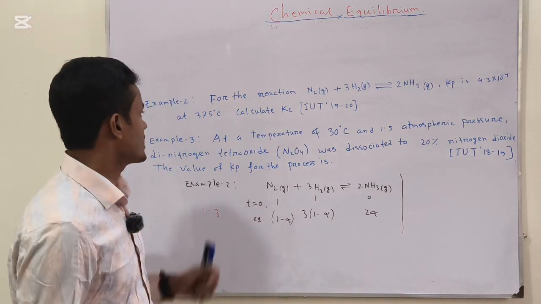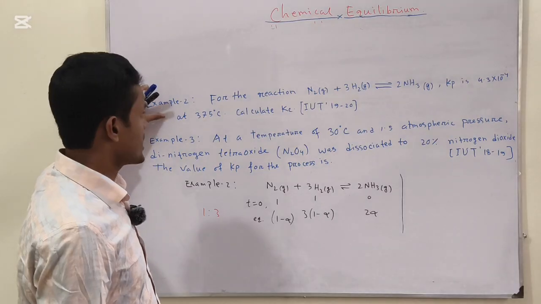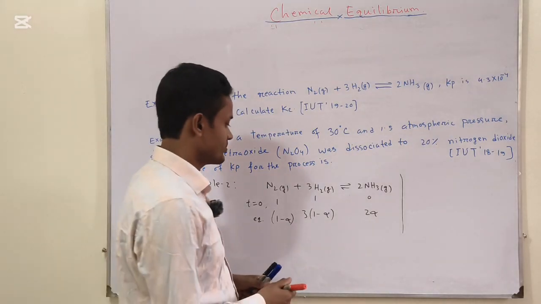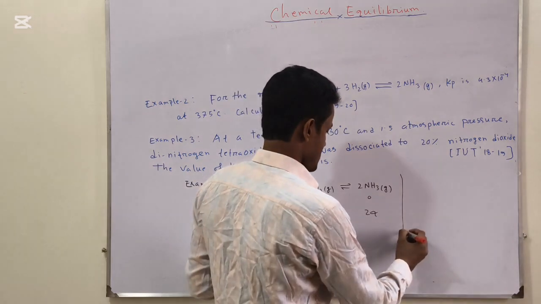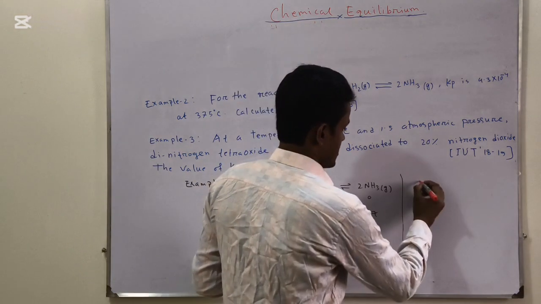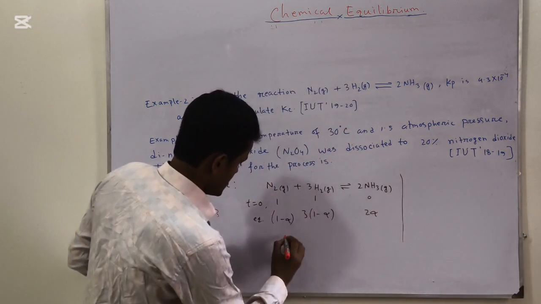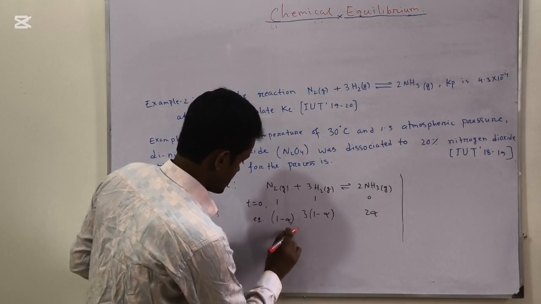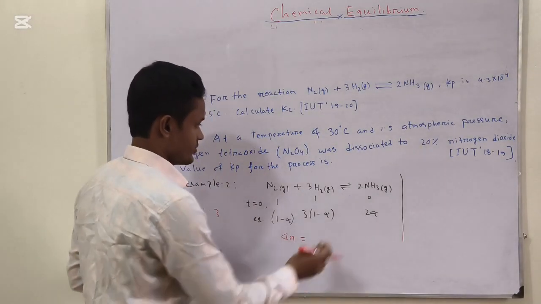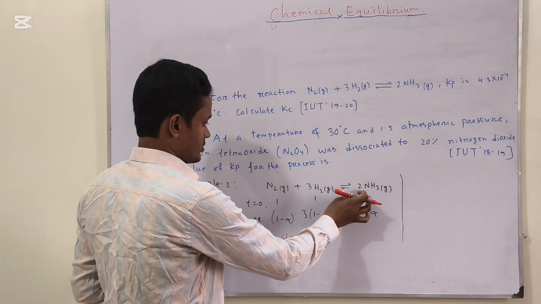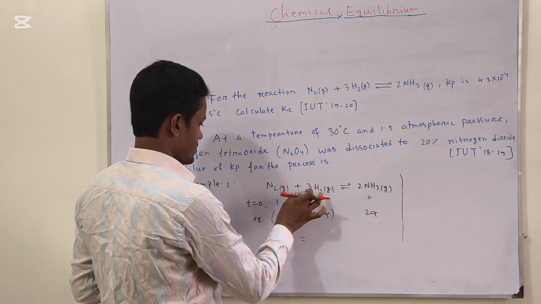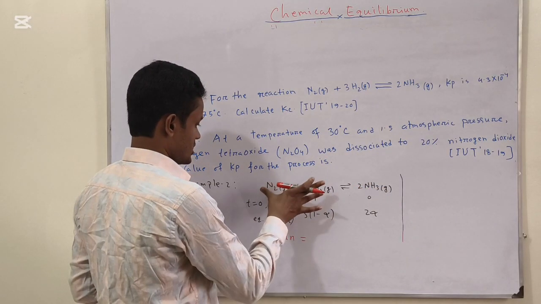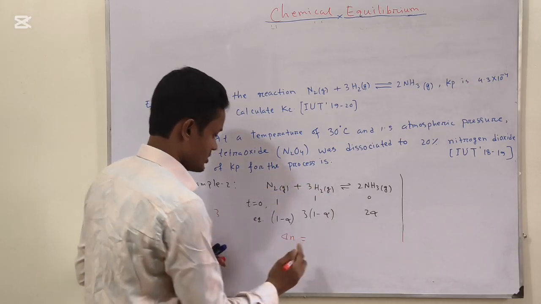Then we can write, for solving the question, delta n equal to 2 mole product and 3 and 1 mole is reactant.